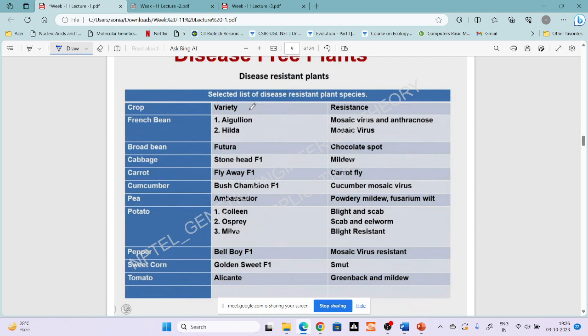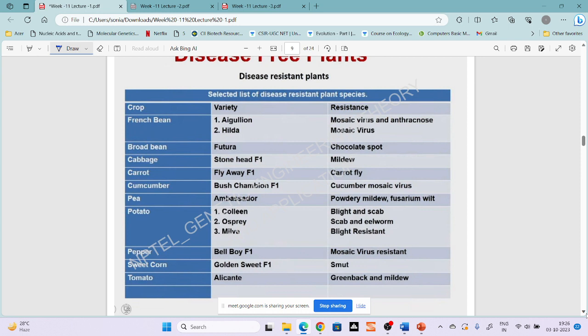This is basically what all they have done. All of these are examples where they have used the genetic engineering approach by expressing a certain gene, a certain product, which will make the plant resistant to some kinds of disease, or to some other kinds of abiotic stresses or biotic stresses.